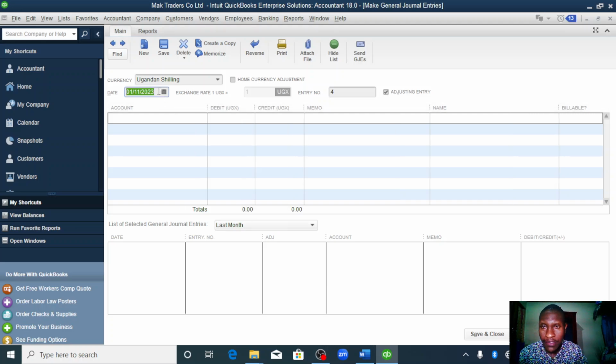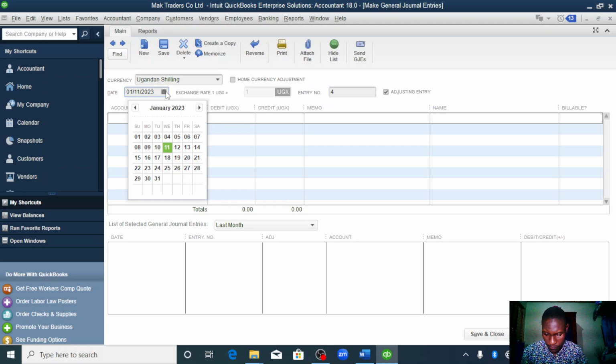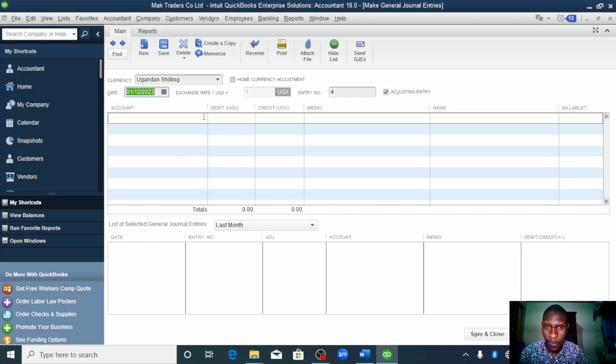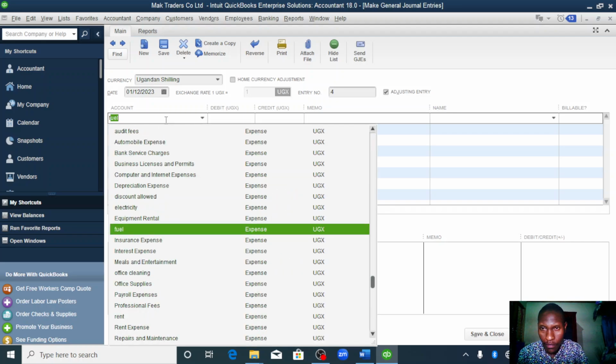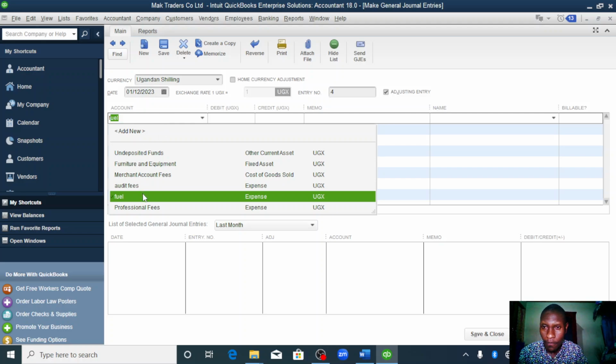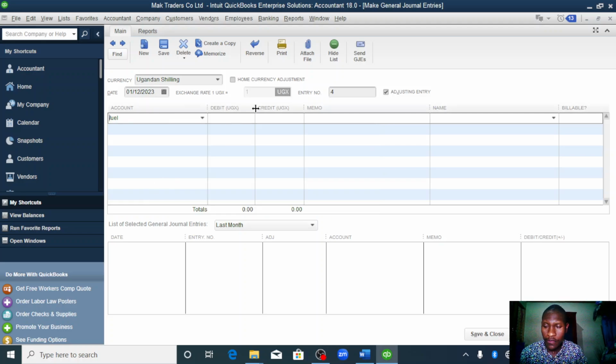We adjust the date. The date is 12th. So we begin with fuel. It is having 600,000. We shall debit it.